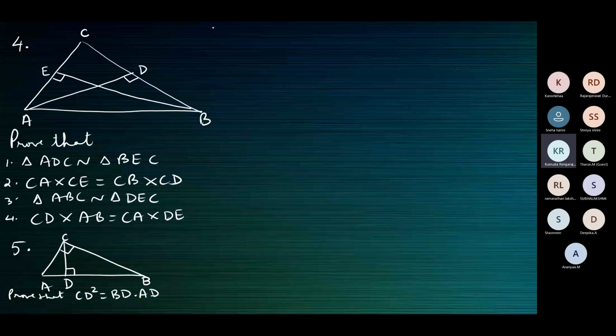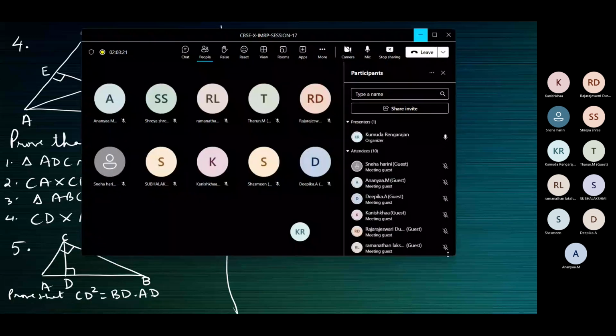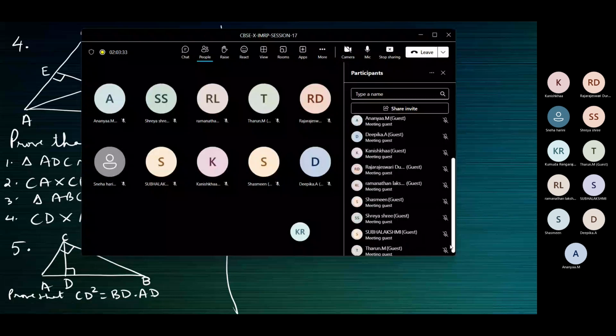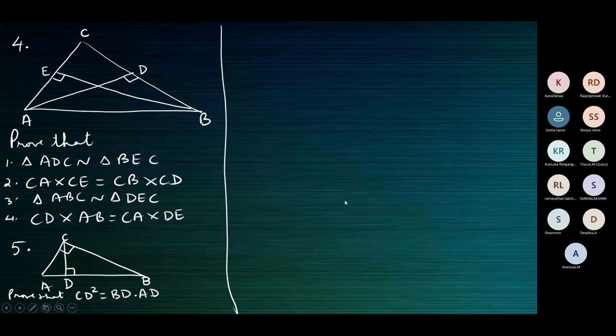Yeah, I want the answer for the fourth one from somebody. Please volunteer to answer the fourth one. How many of you have completed the fourth one?